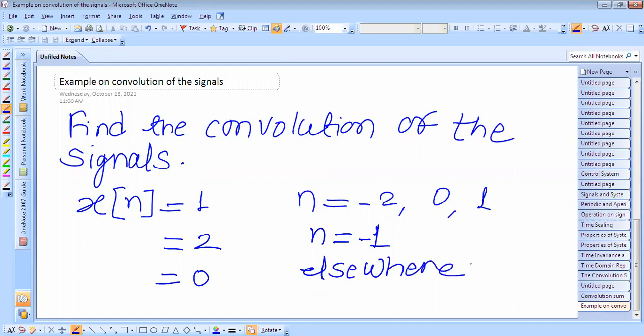Okay, so this input signal is given to you, and we have to find the convolution of the signal.